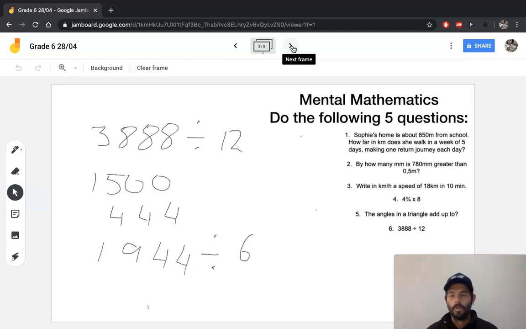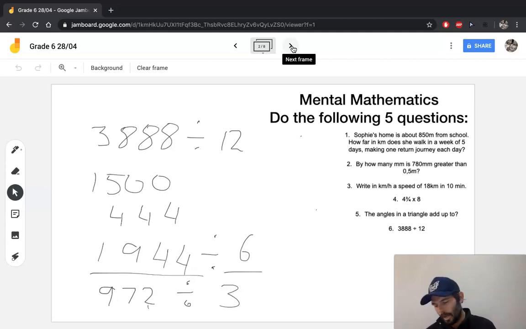Again, both the dividend and the divisor are even, so I would halve it again. Half of 1,900 is going to give me 950, and half of 44 is 22, so that's going to give me 972 divided by 3. And now I've converted my long division sum into a short division sum.